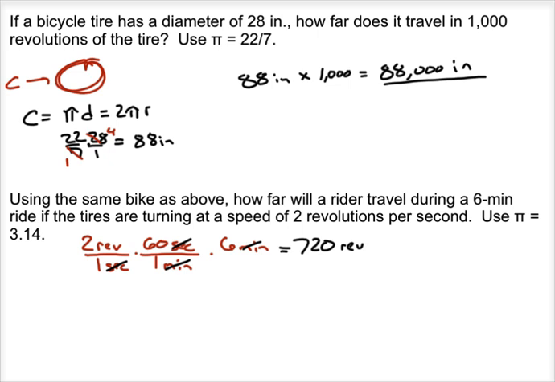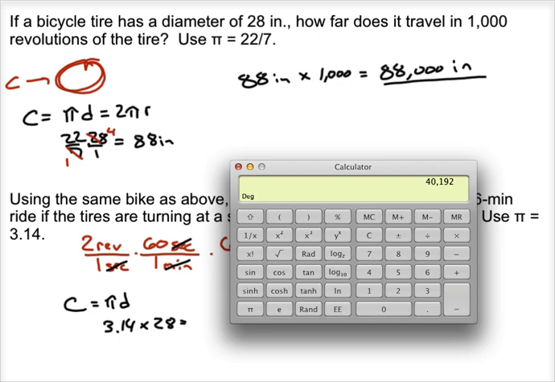Now, similar to the previous problem, I need to find the circumference times the number of revolutions. For the circumference, I'm still going to use pi times diameter, except in this problem I'm using 3.14 times my diameter of 28 inches. That's going to give me a circumference of 3.14 times 28, which is 87.92.